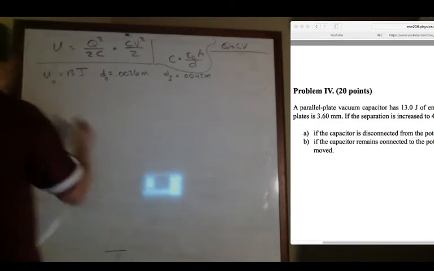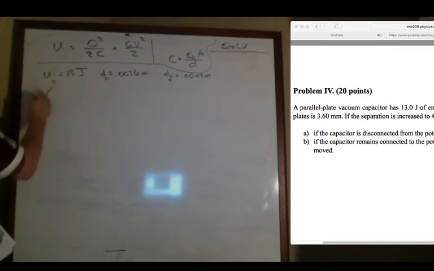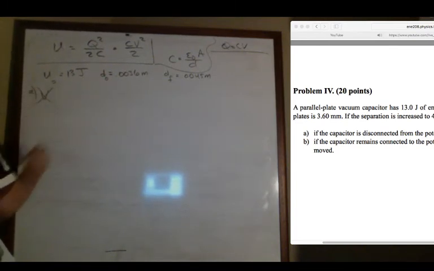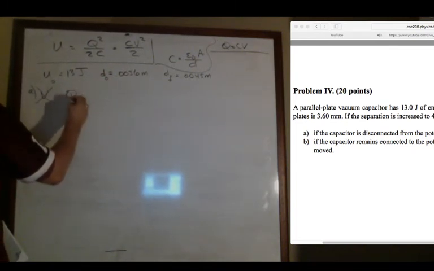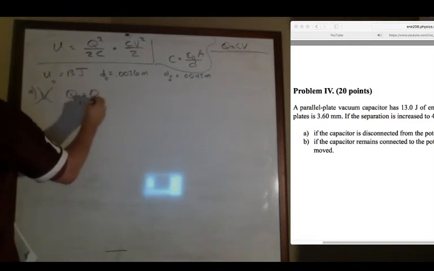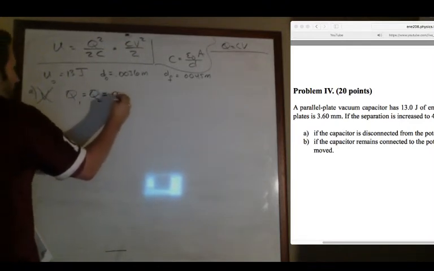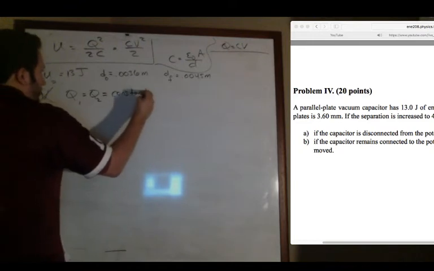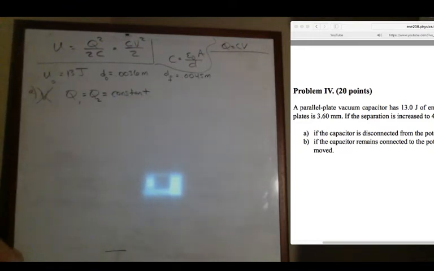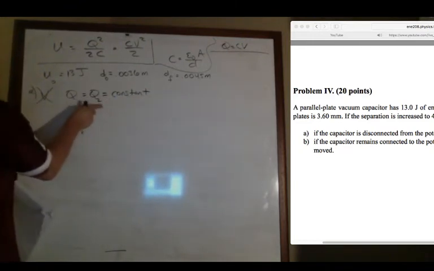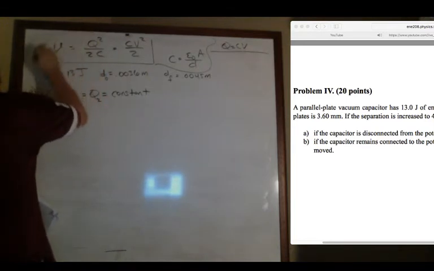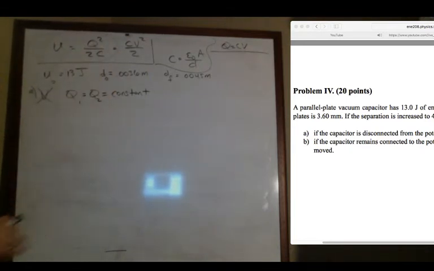Okay, cool. In part A, the capacitor is disconnected from the potential source. So basically, your voltage got turned off, and so your charge Q1 equals Q2, which is going to be constant. Because our charge is constant, to calculate energy for part A, I'm going to use that second equation.